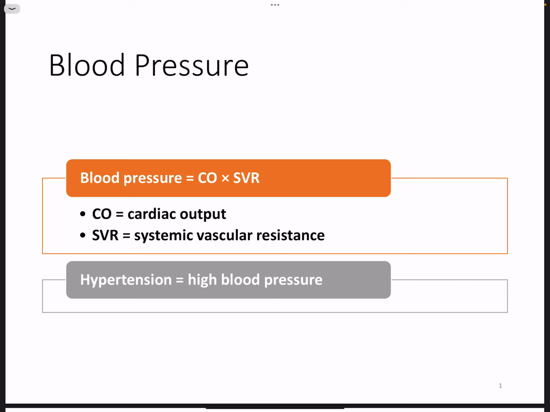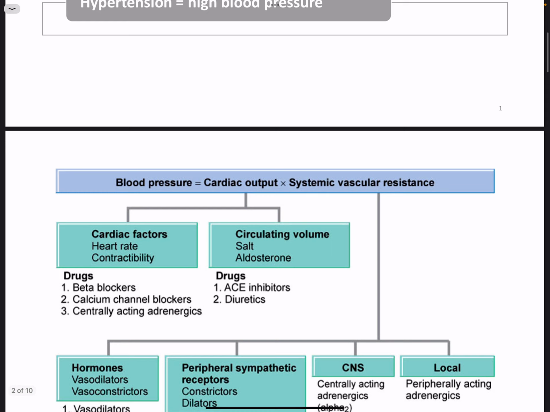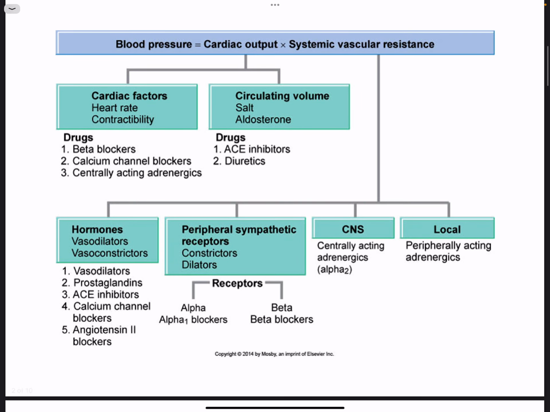Clear? Okay. Now we have this very busy slide. Blood pressure is cardiac output times systemic vascular resistance.